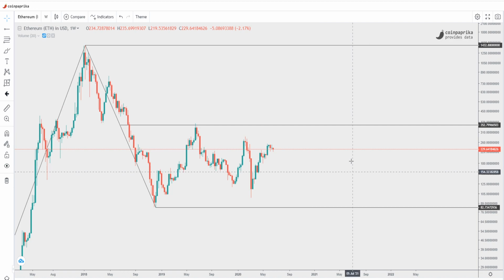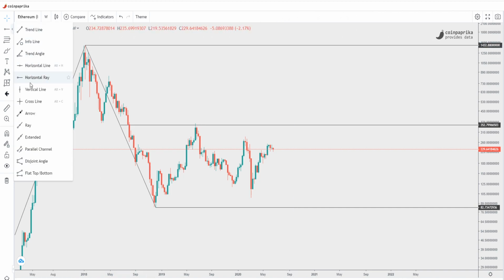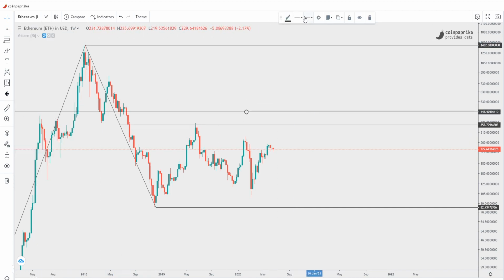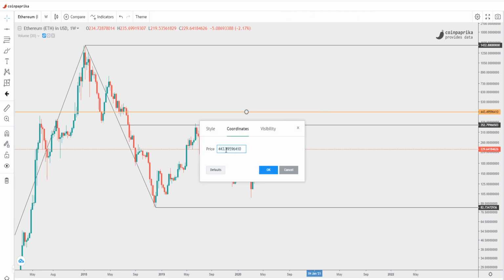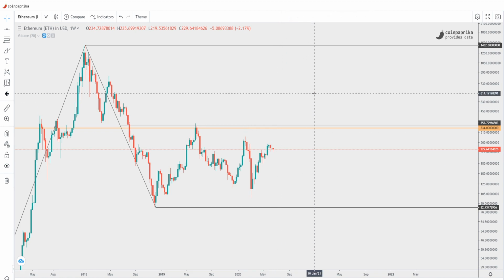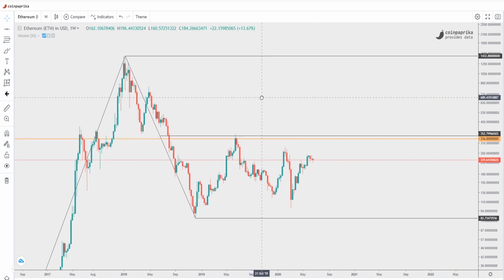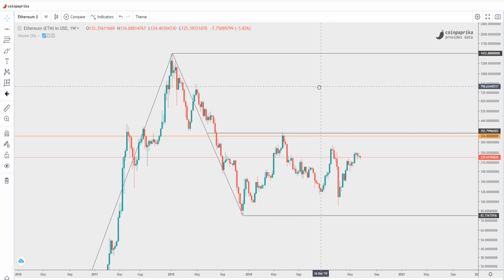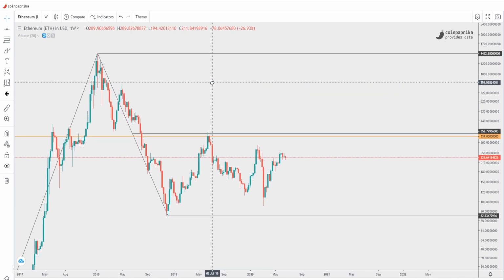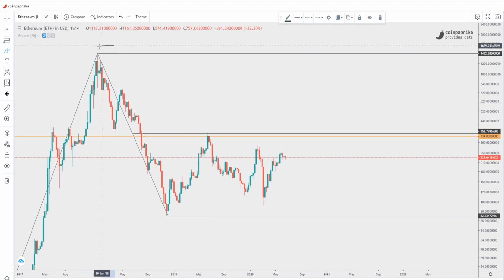There's a number, it's 334 if I'm not wrong. Just one second. Three, three, four. Yes, so as you guys can see, this is our key level for Ethereum, 334, in the bigger picture.